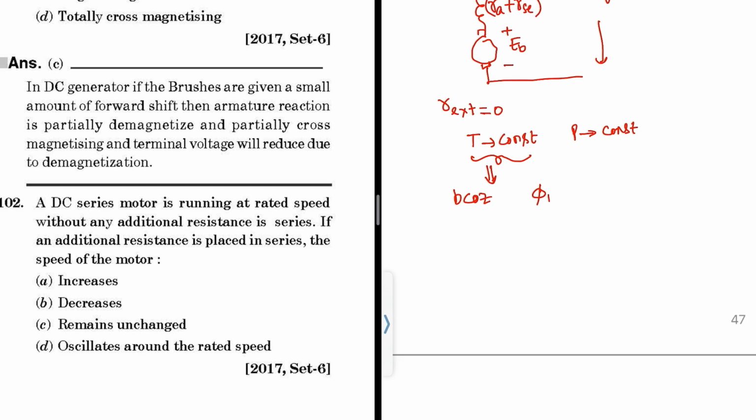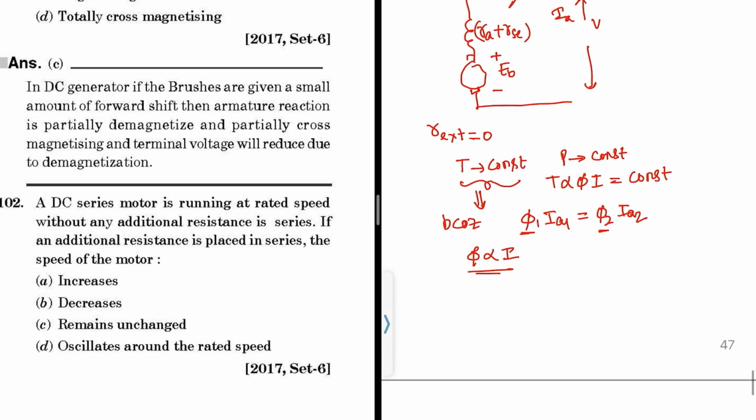Torque is proportional to phi into I, so phi1 IA1 equals phi2 IA2. Since it is a series winding, phi is also proportional to I. So IA1 squared equals IA2 squared, so IA1 equals IA2. So the current remains constant.